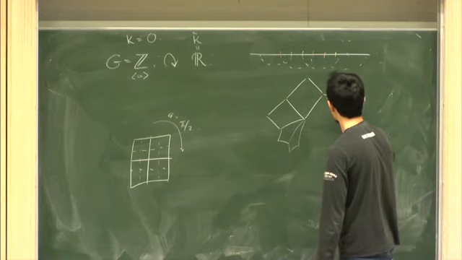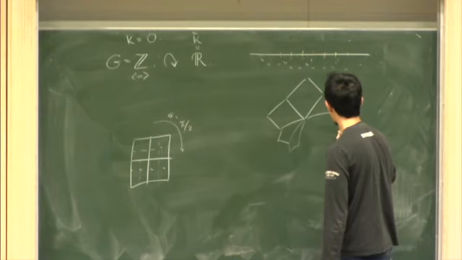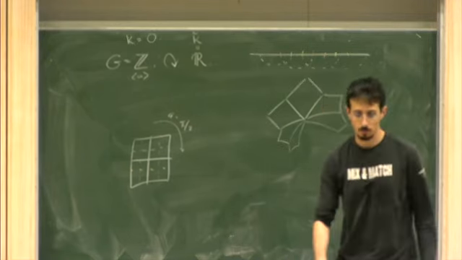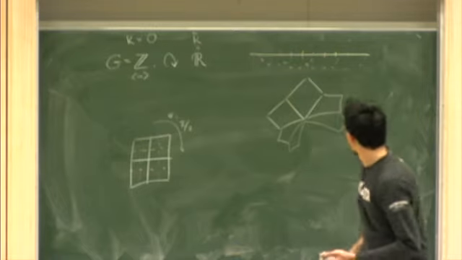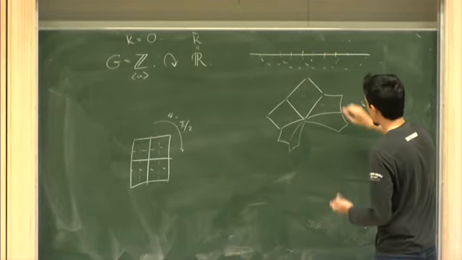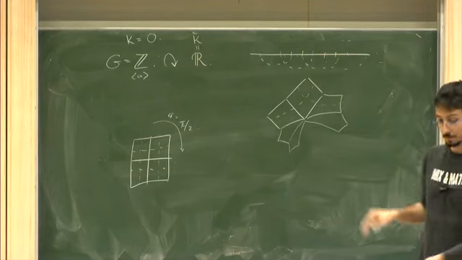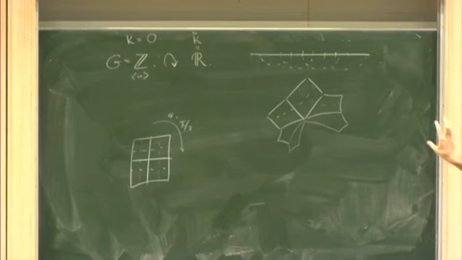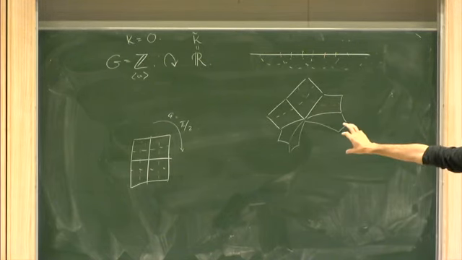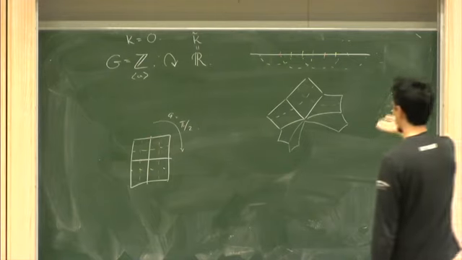And so on. So you see here is, for example, the red and the green, and so on.